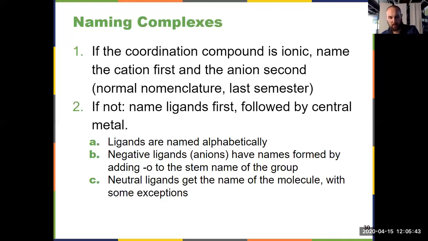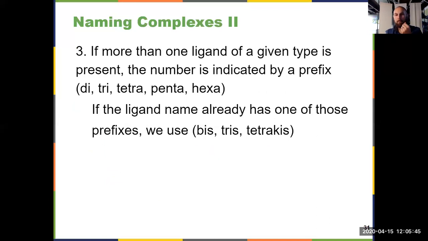So that's the trickiest part, naming all the ligands. And if we have multiple of the same type of ligand, just like when we learned naming covalent substances, we put a prefix at the beginning. So if there's 2 ligands, it's di, 3 ligands, tri, 4, tetra, etc. The only tricky thing to look at, we've got a slide to cover this later on, is if the name of the ligand already has di, tri, tetra, penta, hexa in the name itself, we have to use a different prefix.